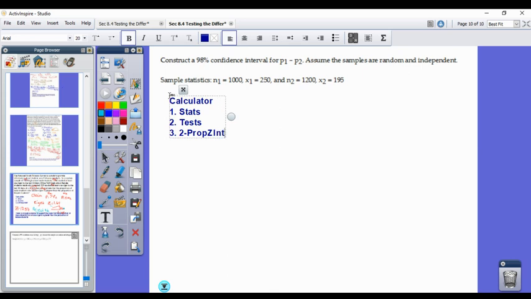Just like before, you type everything in, make sure your confidence level is 0.98 in this case. Once you do that, you are going to get 0.04715 and 0.12785.